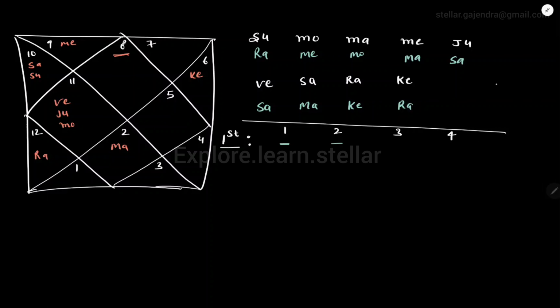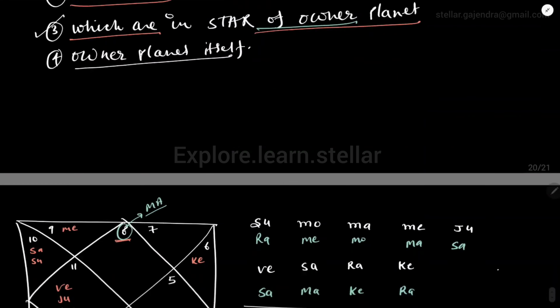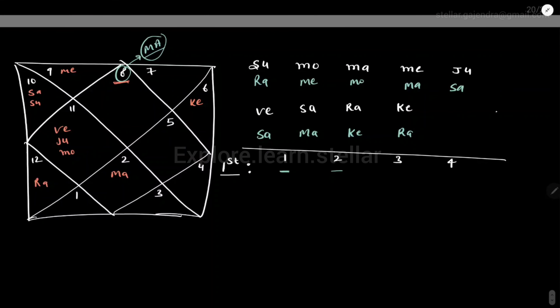At level 3, you will see the sign rising in the ascendant is Scorpio, and the lord of Scorpio is Mars. The third rule is those which are in the star of the owner planet. So here the owner planet is Mars. We need to find all those planets which are in the star of Mars.